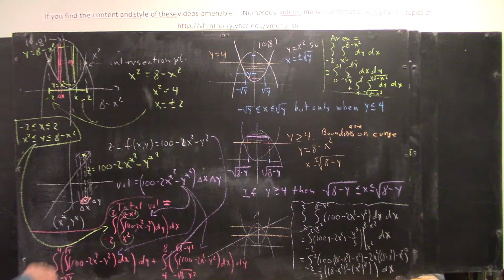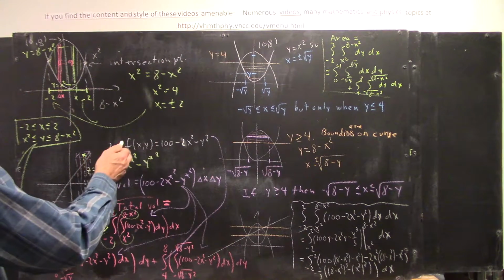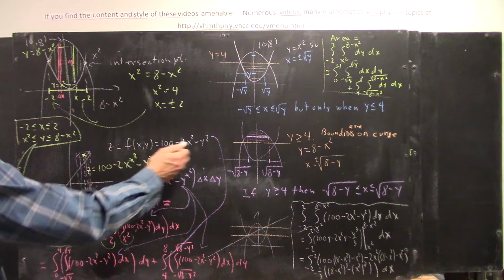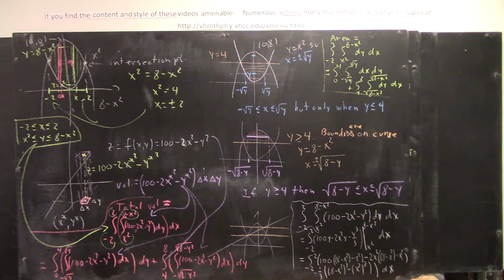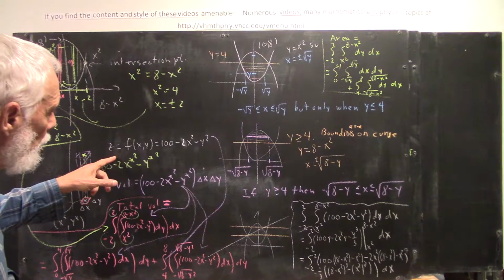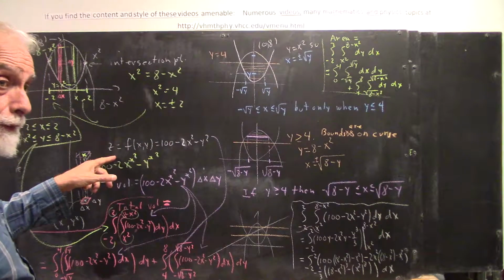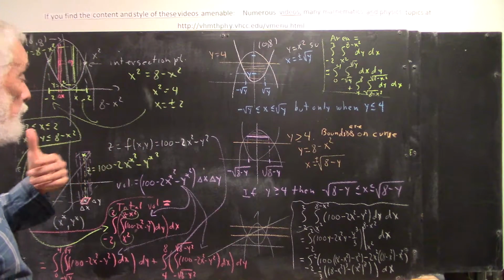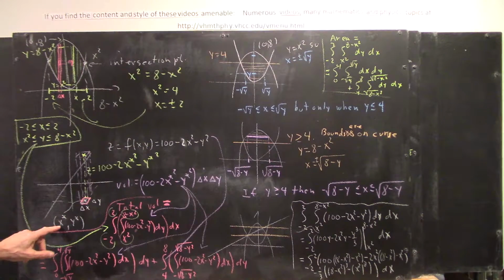This is inside the ellipse so that the surface z equals f of xy, the graph of this function, lies above the axis. Then we're going to ask ourselves, how far above the axis does the graph of z equals f of xy lie at this point? How do we get that?